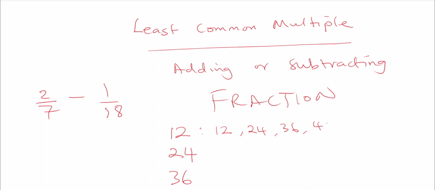By 4, 48. By 5, 60. By 6, 72. Let me leave it here for now. Perhaps I may not need to go further than that. Now let me come to 24. 24 times 1, of course. So 24 is a multiple. 48. 72.